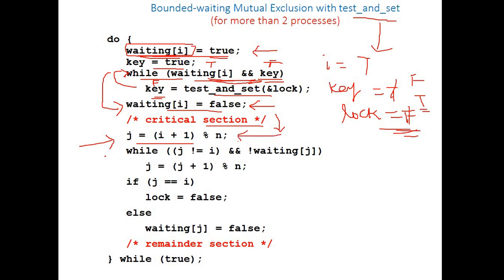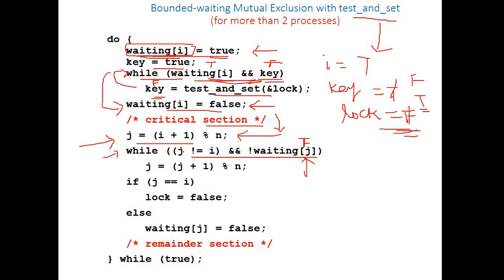Now j is generated. Now the j value is checked, whether j is really interested to enter into the critical section. If the waiting status of j is true, it means j wants to enter into the critical section. If the waiting status of j is false, it means it doesn't want to enter into the critical section.